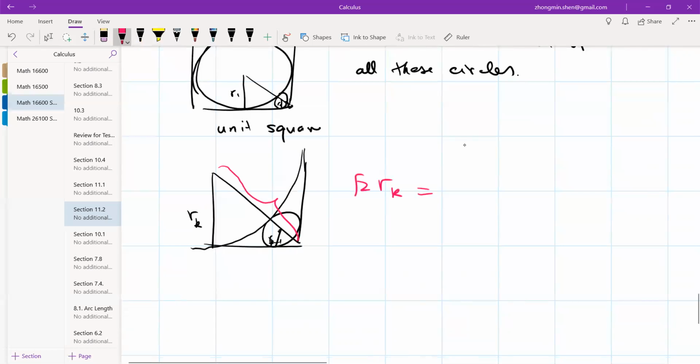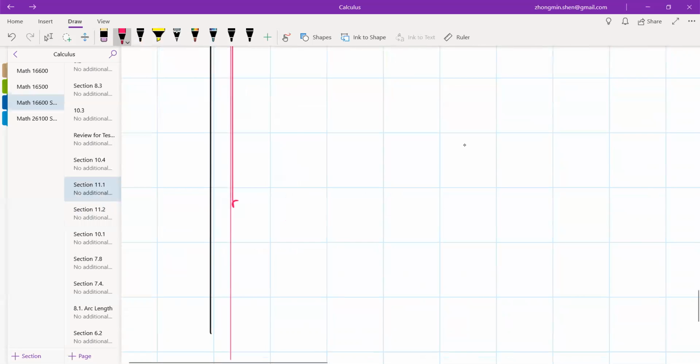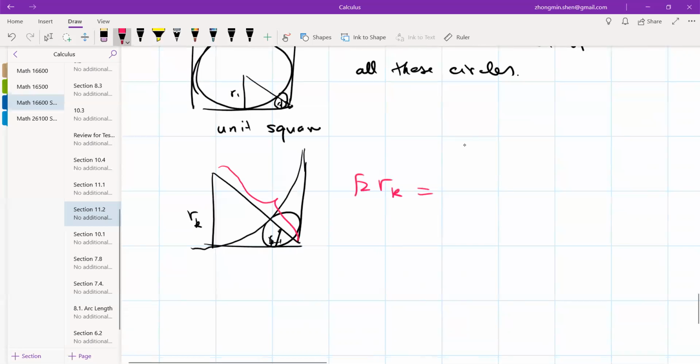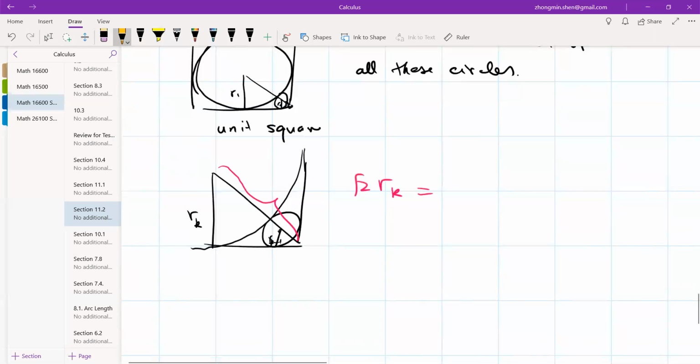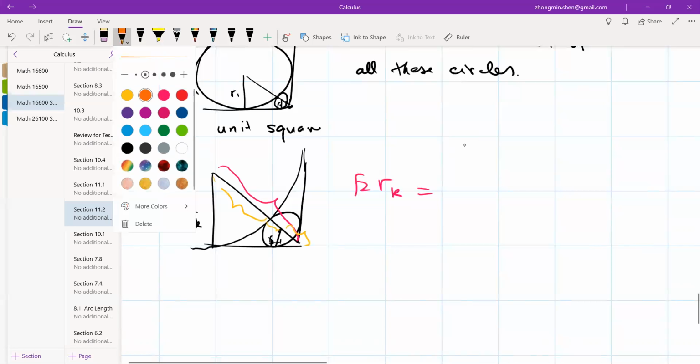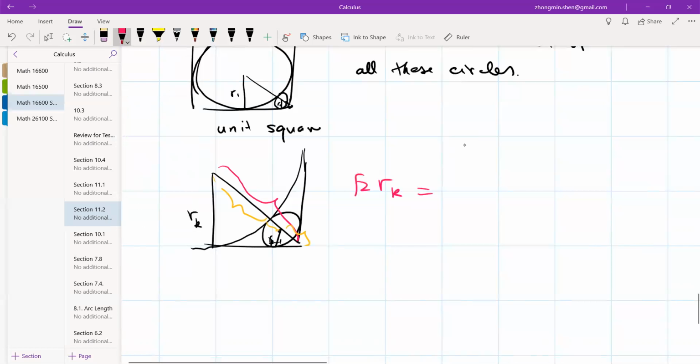This can be viewed as the sum of three parts, so you will get R_k plus R_(k+1) plus square root 2 R_(k+1).